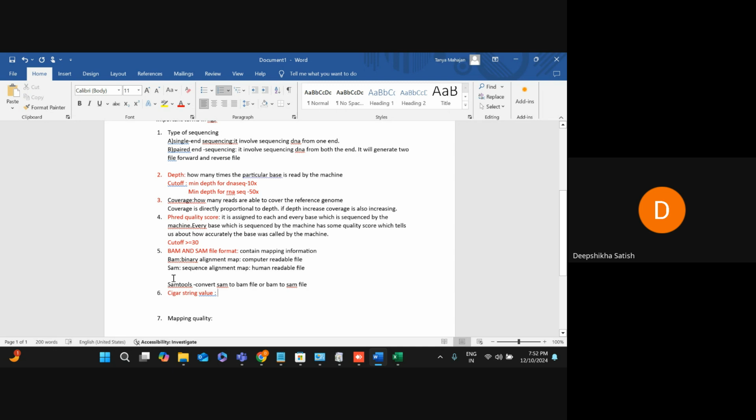Next is the CIGAR string value. Any idea regarding this CIGAR string value? No, ma'am. Okay. So it will tell you how bases from the read are aligned to your reference genome.